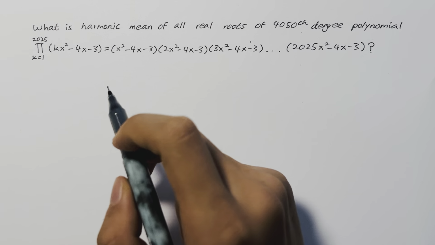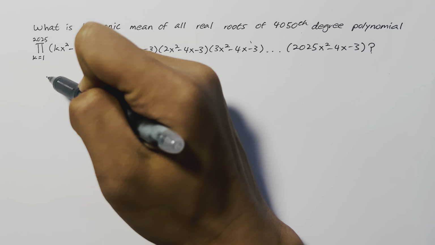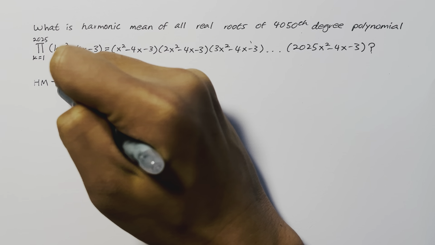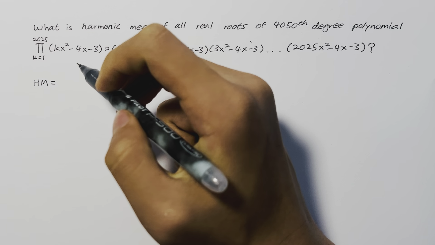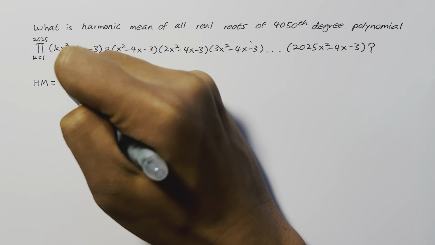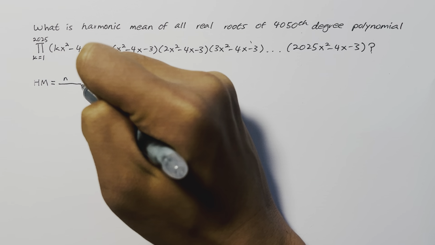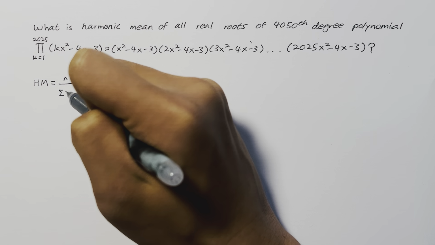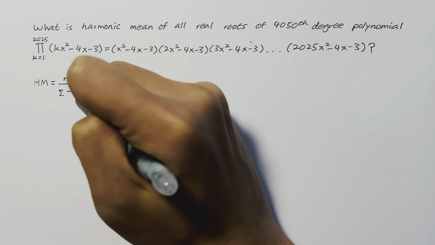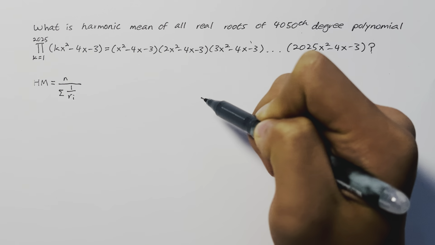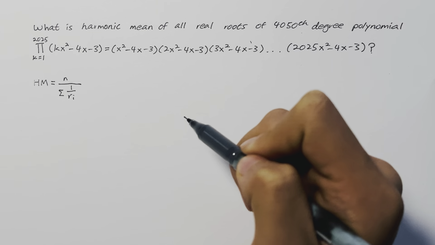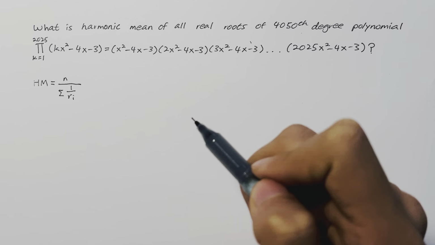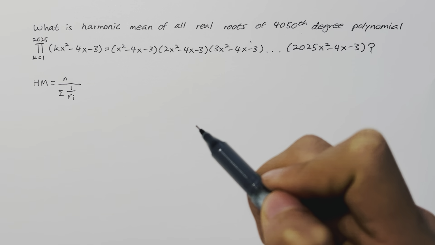So the formula in general would be HM equals n divided by the summation of 1 divided by Ri. So it's n numbers divided by the sum of the reciprocals of each number.